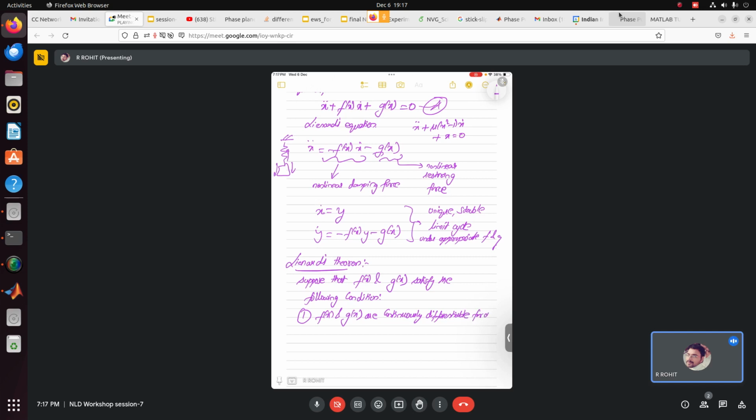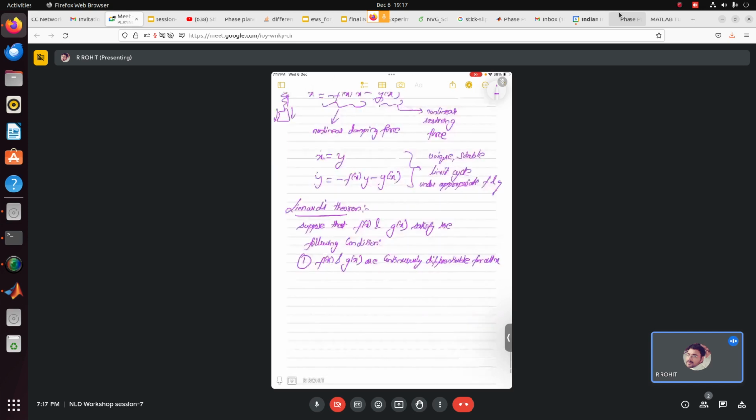The second condition is that the function g of minus x should be equal to minus g of x for all x, that is, g should be an odd function.